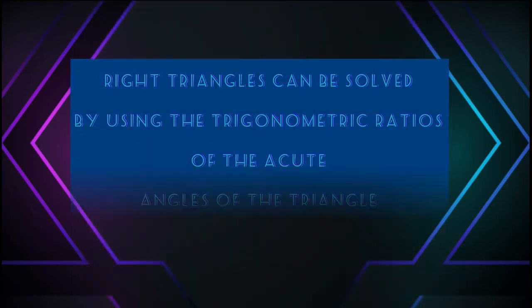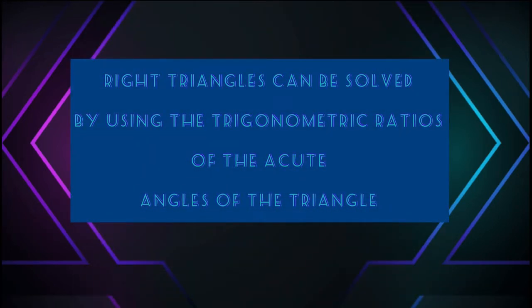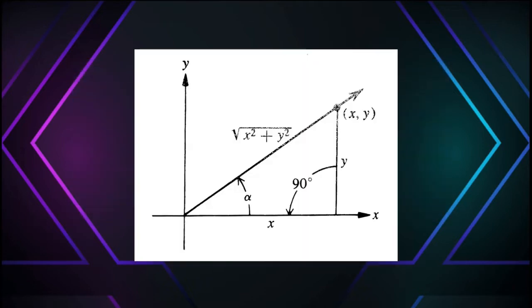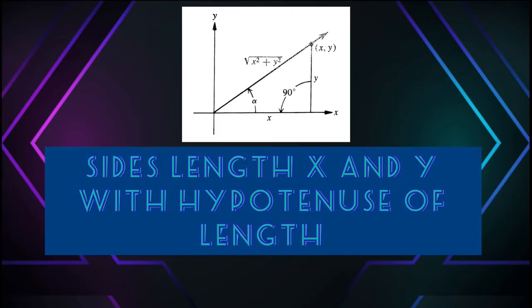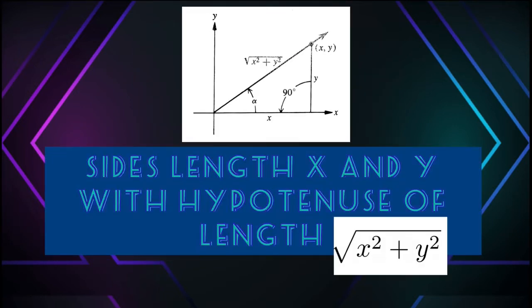Right triangles can be solved by using the trigonometric ratios of the acute angles of the triangle. In the first quadrant, any point (x, y) on the terminal side of an angle alpha in standard position determines a right triangle with sides of length x and y and with hypotenuse of length square root of x squared plus y squared.